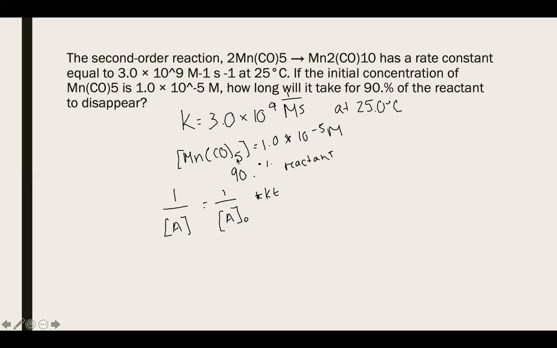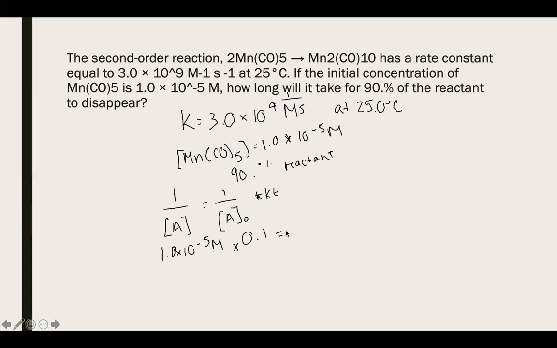So if we're given our initial concentration and we're asked how long it takes for 90% of that to disappear, then in order to figure out the concentration of A at a certain time, we're going to take 1 times 10 to the negative fifth molar, which is our initial concentration, and multiply it by 0.1.